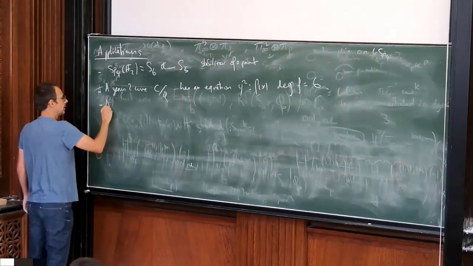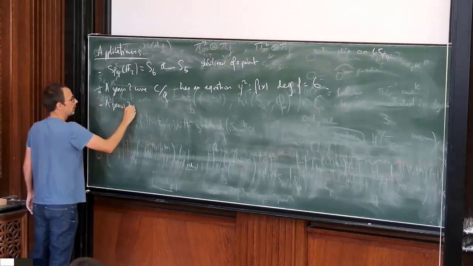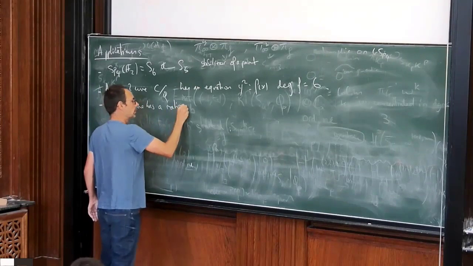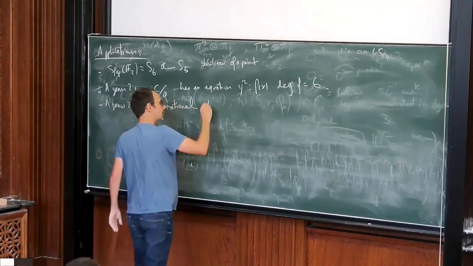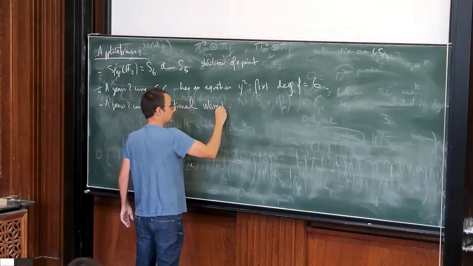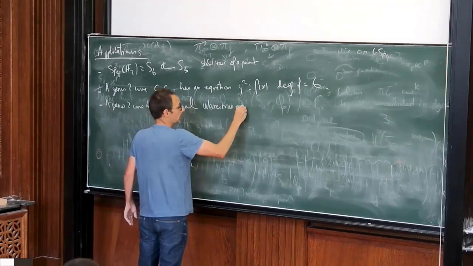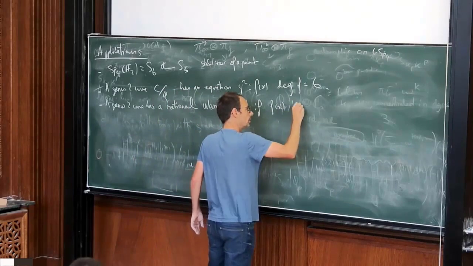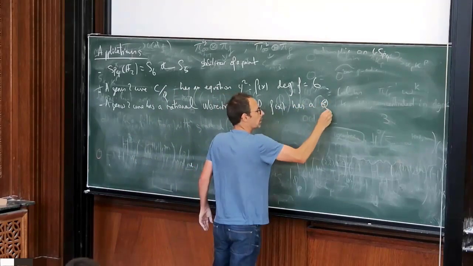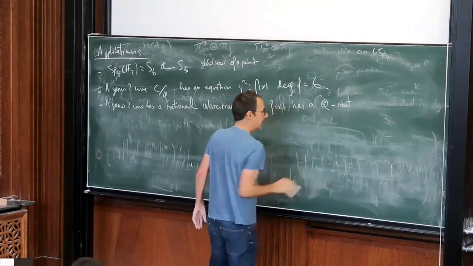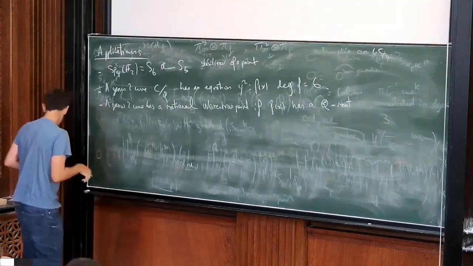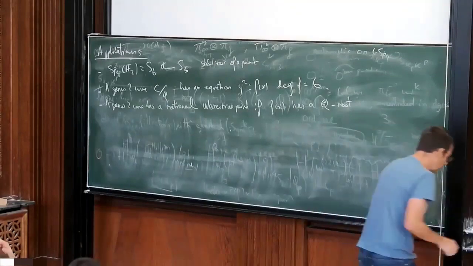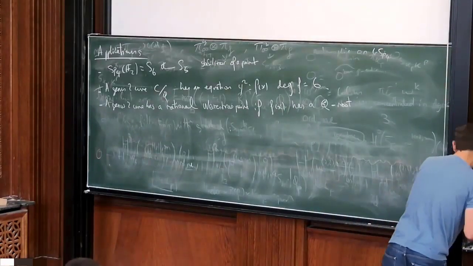We say that a genus 2 curve has a rational Weierstrass point if f of x has a Q root. And in that case, you can find a lower degree equation for your genus 2 curve.